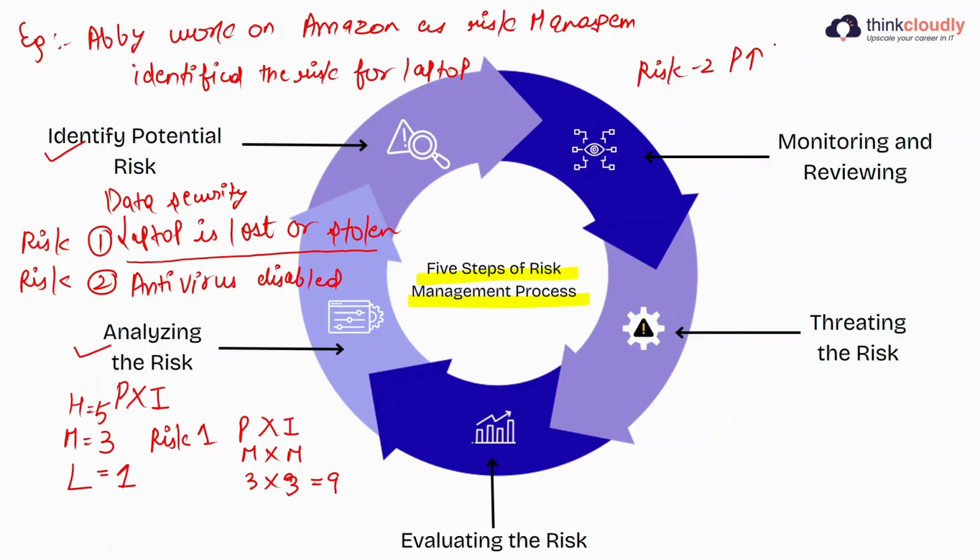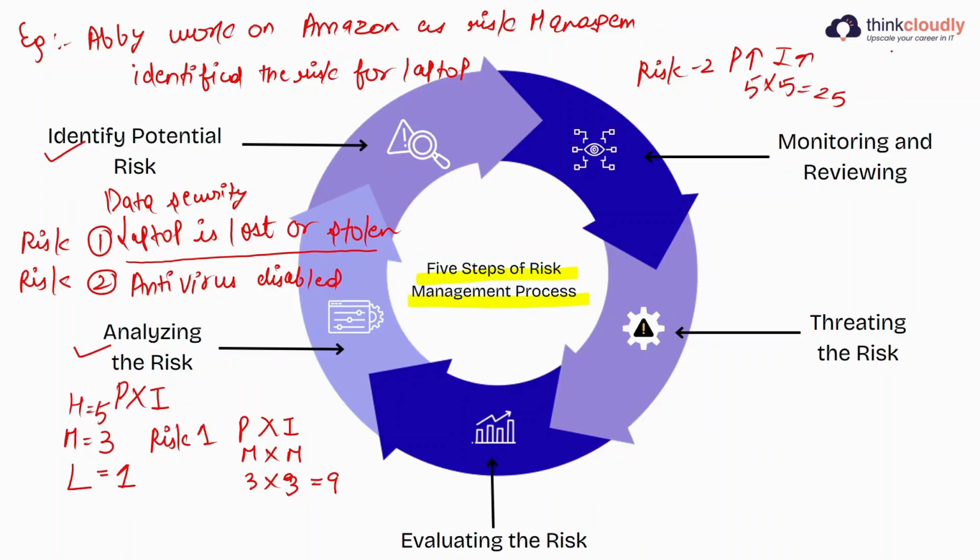The consequences will be very high. So I've written this as high, and the rating I selected for high is 5. So 5 multiplied by 5 becomes 25. So these are the risk ratings: for risk number 2, the rating is 25.